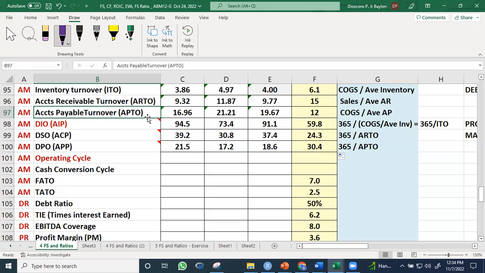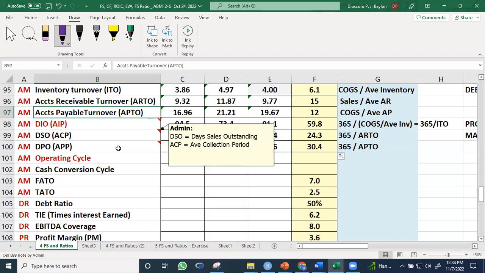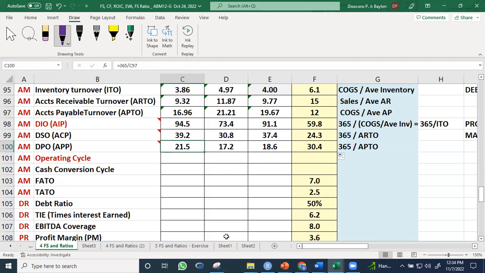Okay? Kung i-compare natin yung direct competitor, okay, sorry. Tayo, yung company, days payable outstanding, 21 days. Sorry, hindi. Ito, APTO up to 17 times a year. So 17 times a year, ibig sabihin nun, 17 times each year, bumibili tayo ng raw material and then pay.